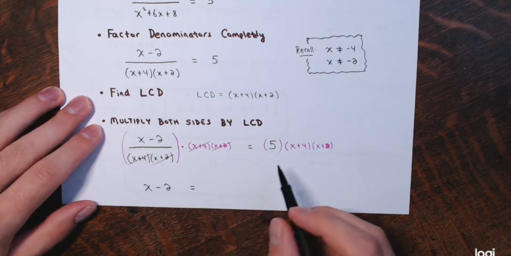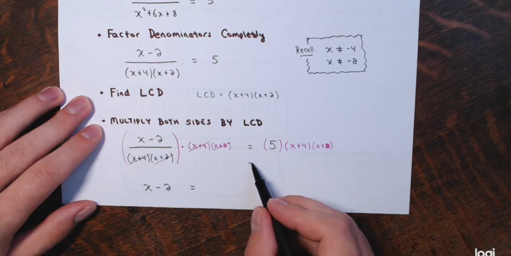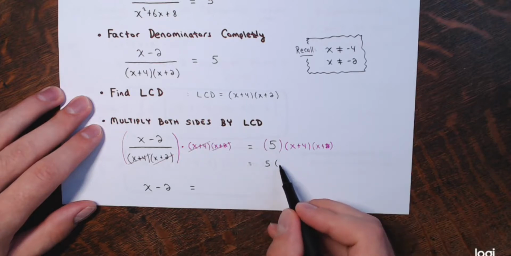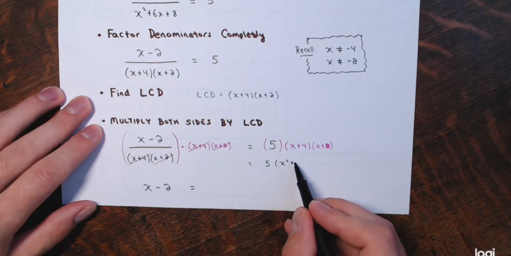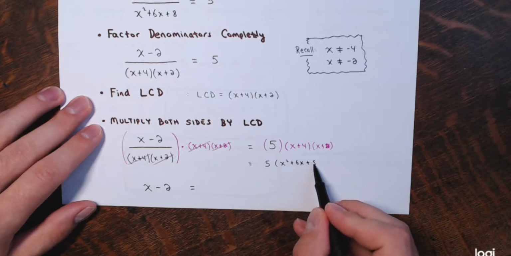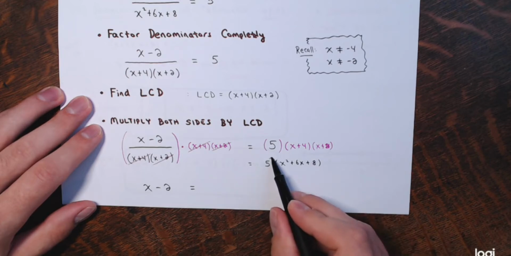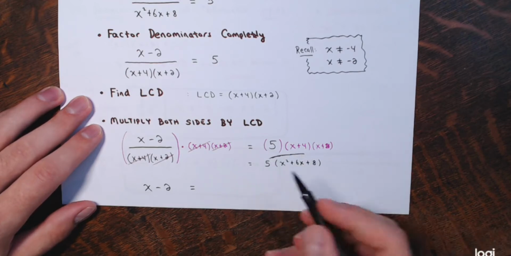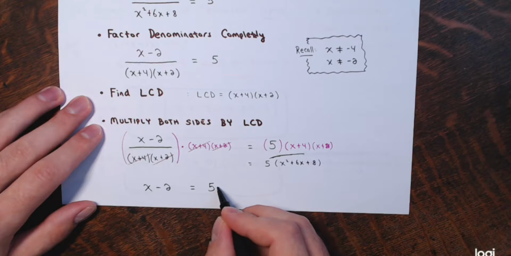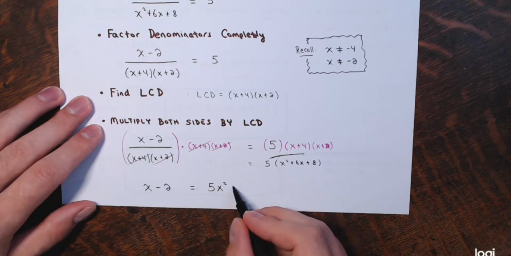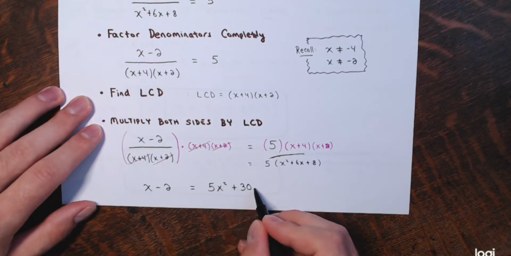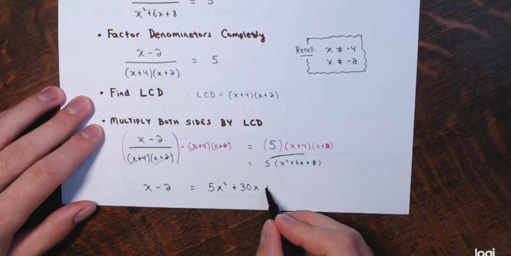Now on the right side, this is 5 times x plus 4 times x plus 2, which was x squared plus 6x plus 8. And then distributing the 5 would give me 5x squared plus 30x plus 40.